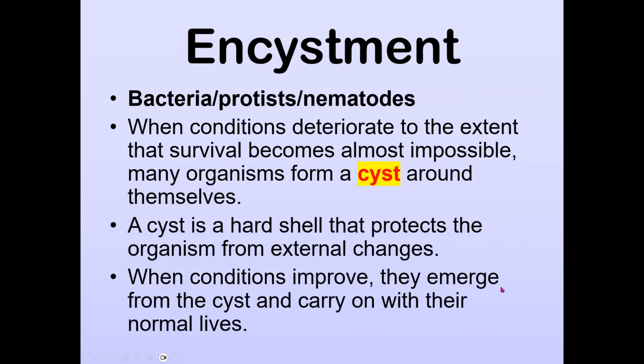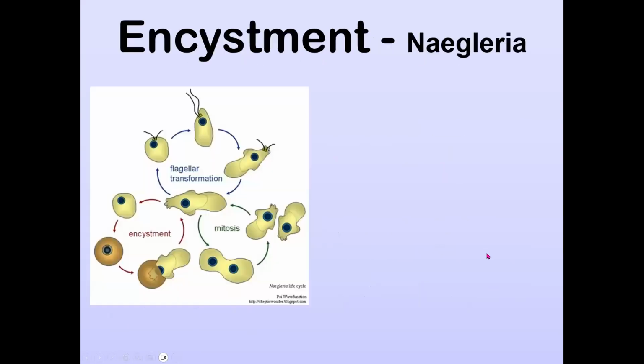And then when conditions improve, they emerge from the cysts and carry on with their normal lives. So if there's a great big temperature change, they will encyst themselves and then just go into a form of dormancy. And when things change, like the water-bearing frog, it comes out when the conditions are right.